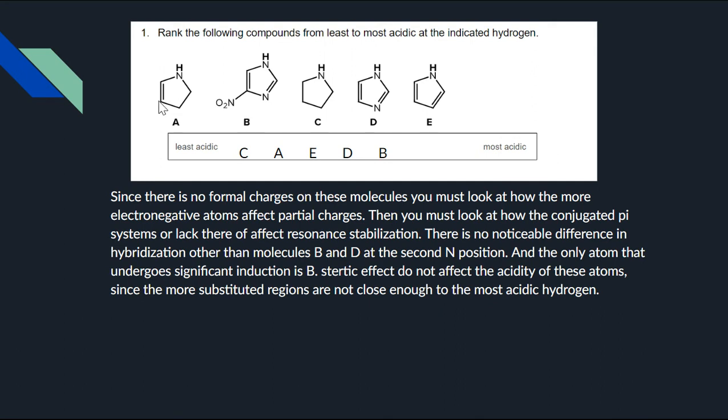Whereas if we go a little bit up, A does, because now it has a conjugated pi system of the negative formal charge on the N and this pi bond right here. So then you can also see that as you go up one more time in E. E has the same ability, and D is a little bit more than that, since there's the positive, there's the negative, there's the lone pair on this nitrogen right down here.